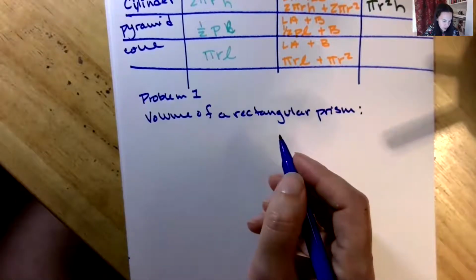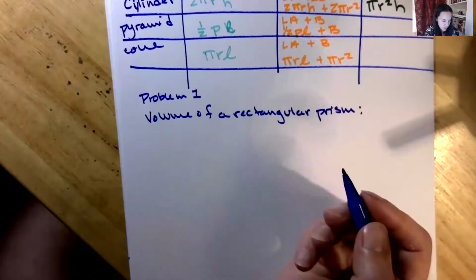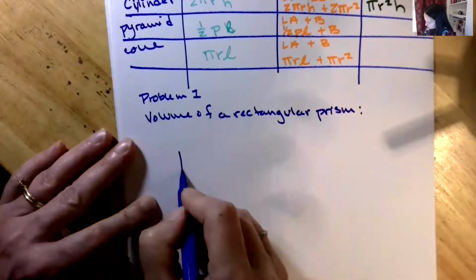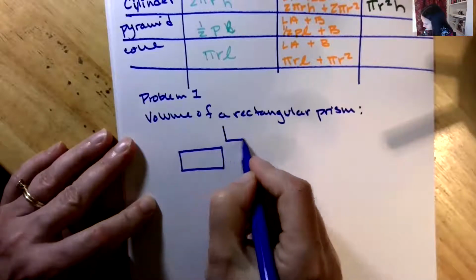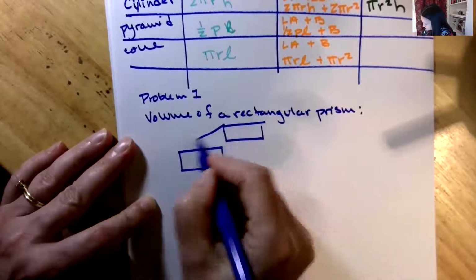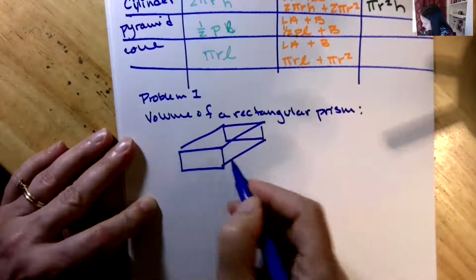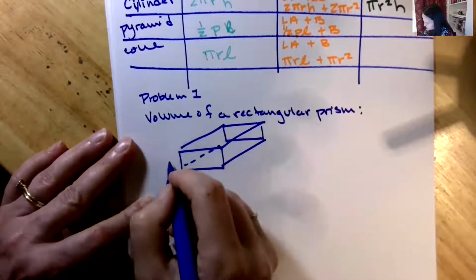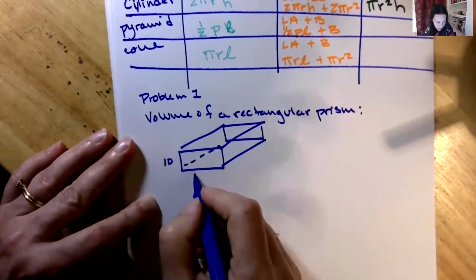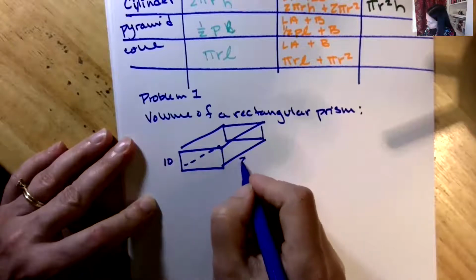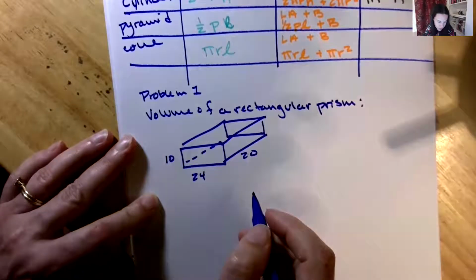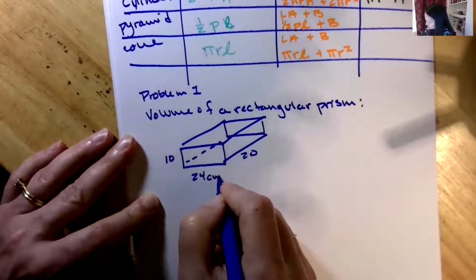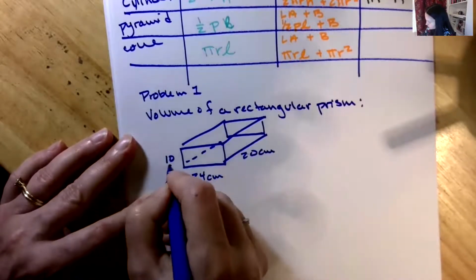And the prism has dimensions of 10 by 20 by 24. Now, I didn't make my figure exactly proportional. And we're dealing with centimeters.